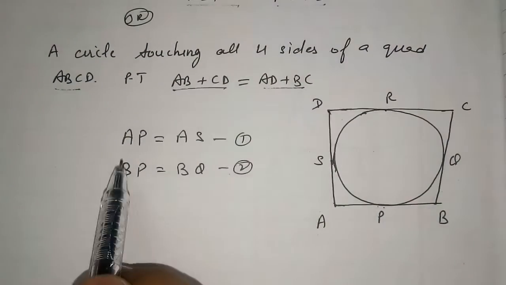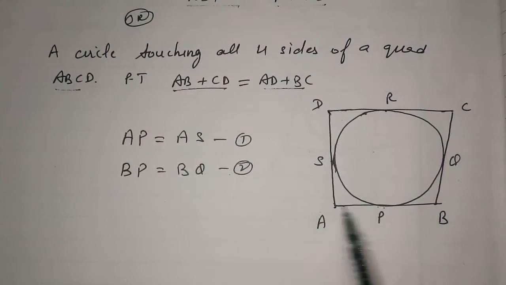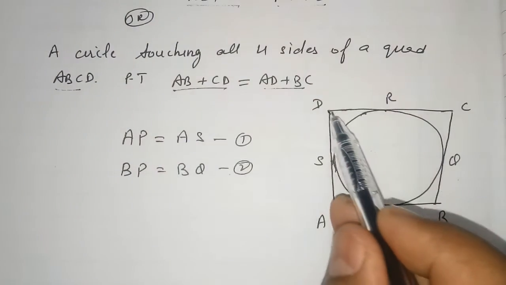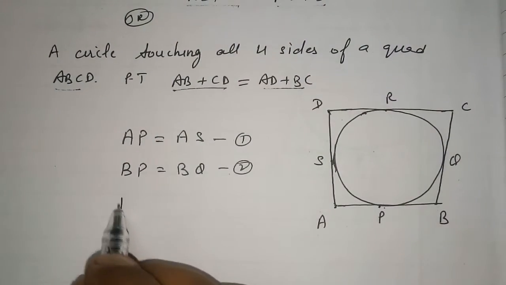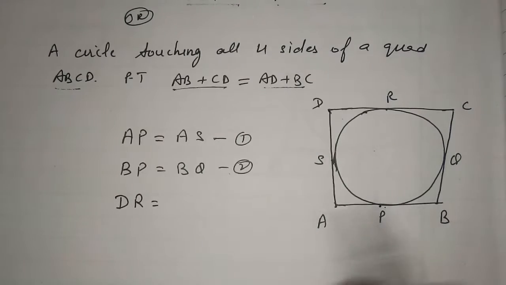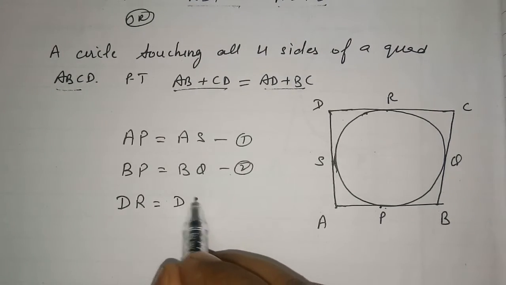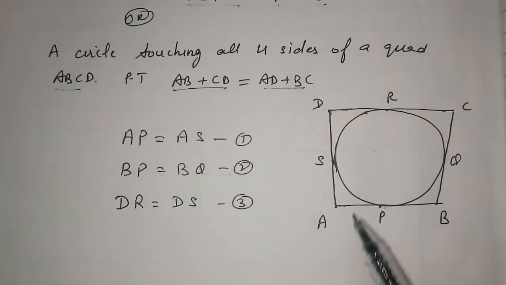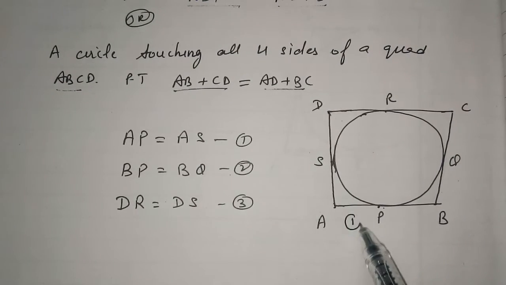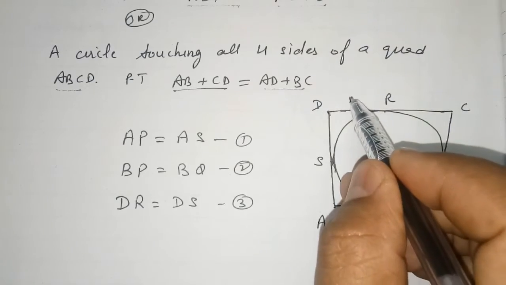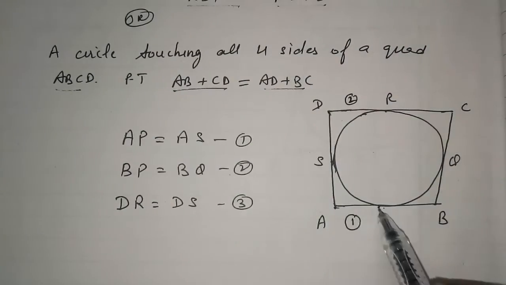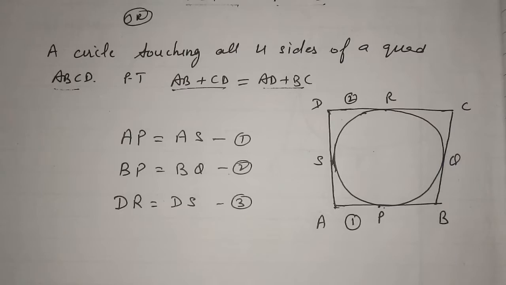But remember, if we are using AP, we will take DR first, so DR we are taking on the left side. If you take the opposite, then you have to do some conversion afterward. So remember, first we are taking AP, then on the opposite side we take DR. So AP and DR should be on the same side.